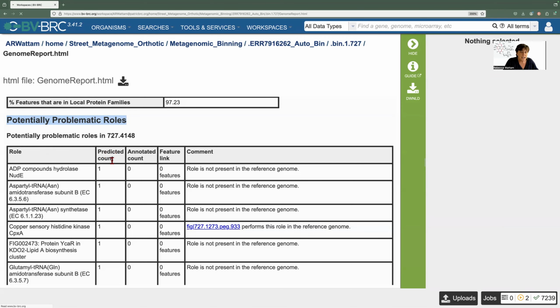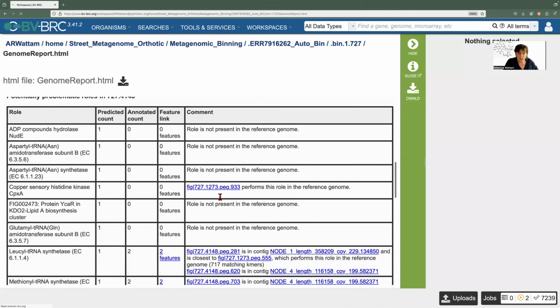The predicted count is what the pipeline thinks should be annotated in this particular genome. The annotated count is the ones that it actually found. So if I was able to find one, there would be a feature link that would take you directly to that problem gene. And there's a comment then that tells you some information about it.